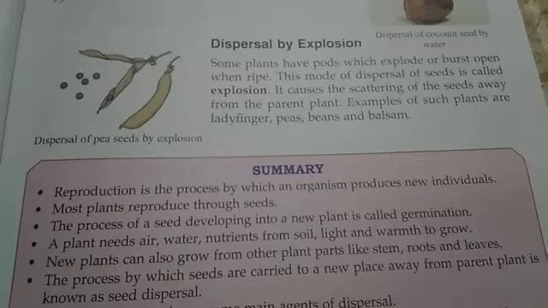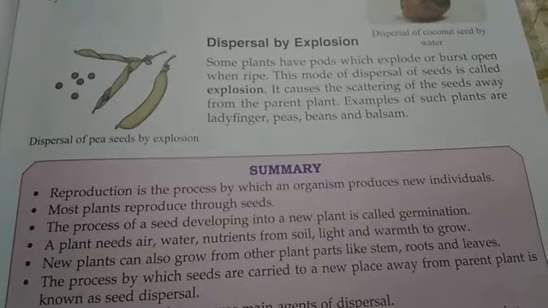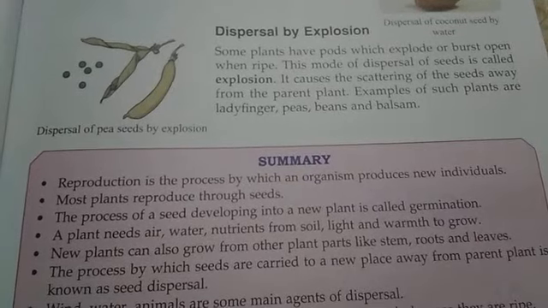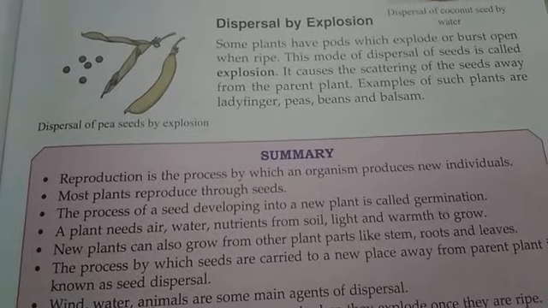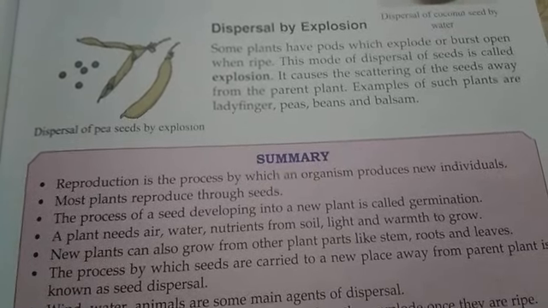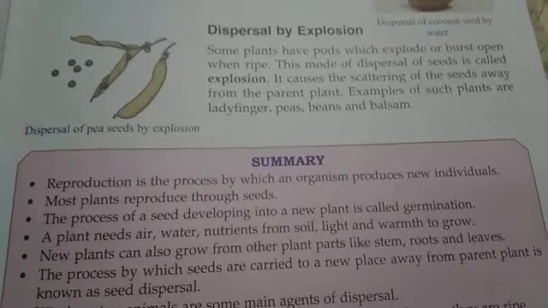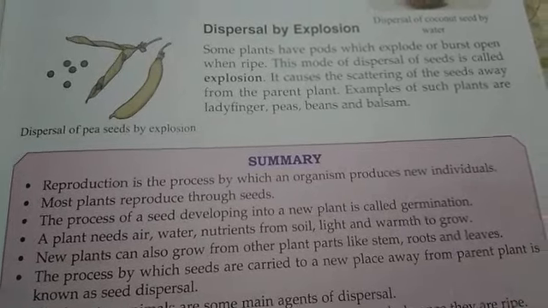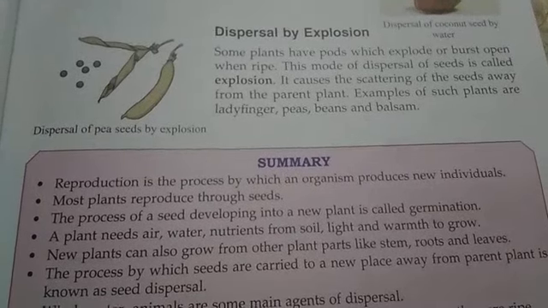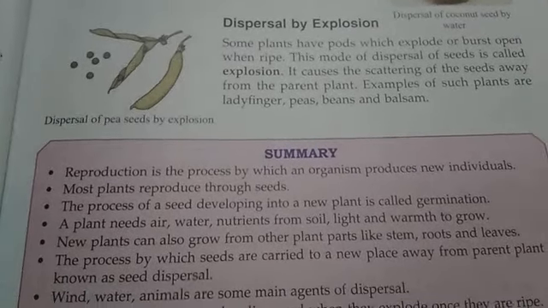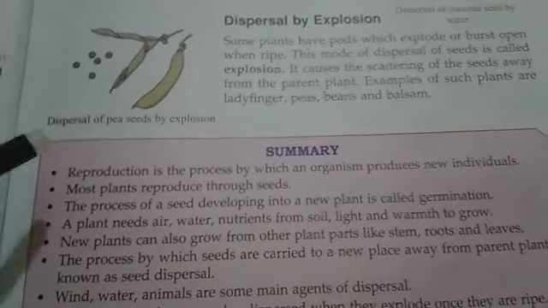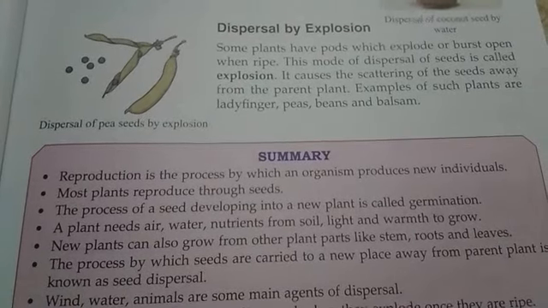When the pod explodes, it causes the seeds to be scattered away from the parent plant. Examples of such plants are lady's finger, peas, beans and balsam. Here you can see this picture, dispersal of pea seeds by explosion.